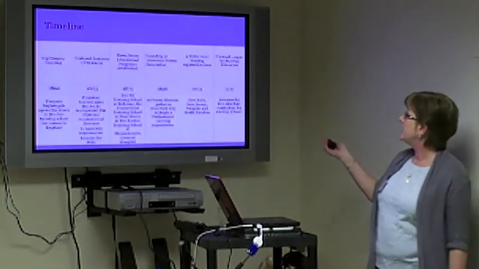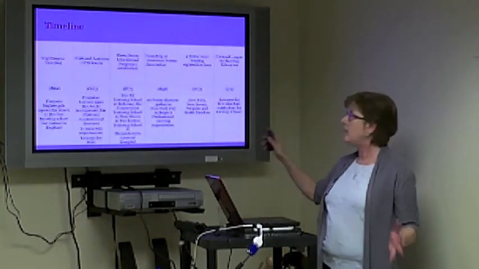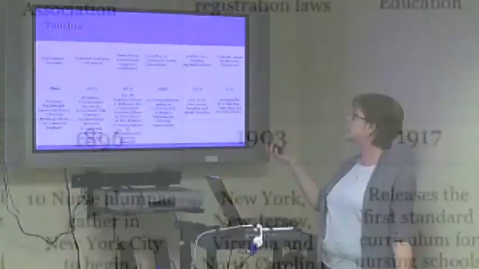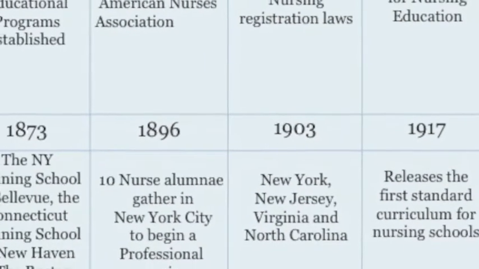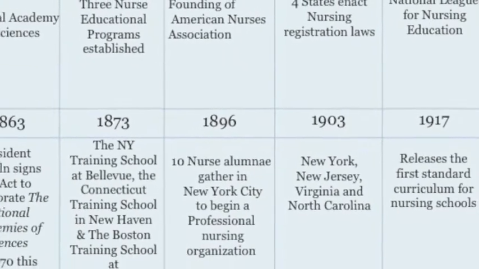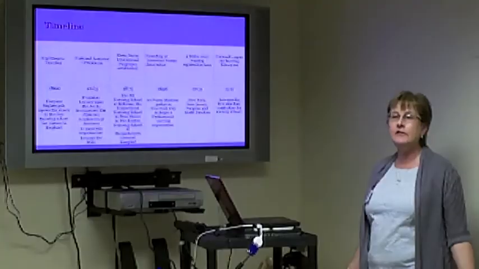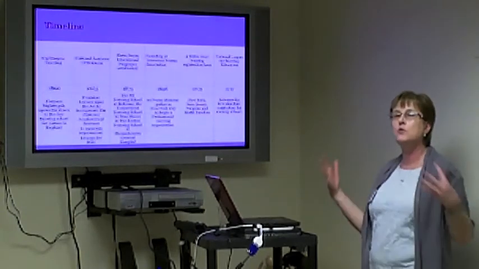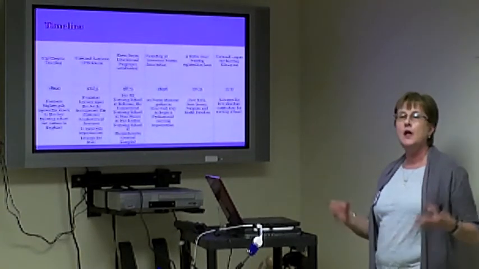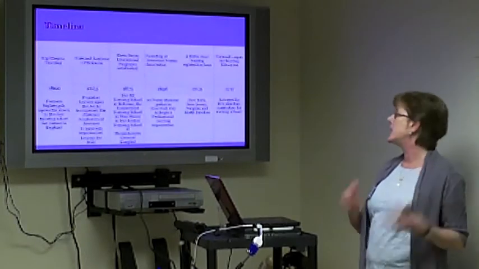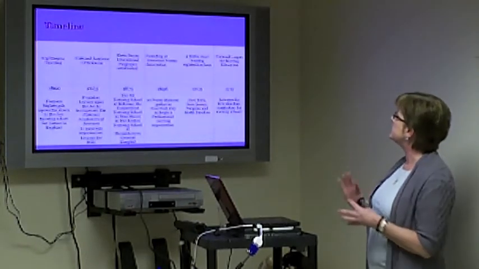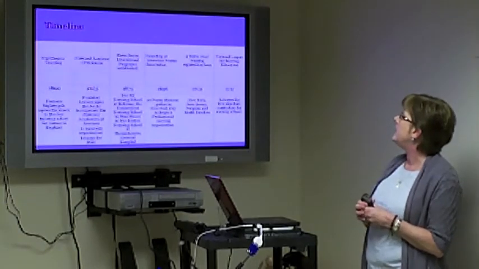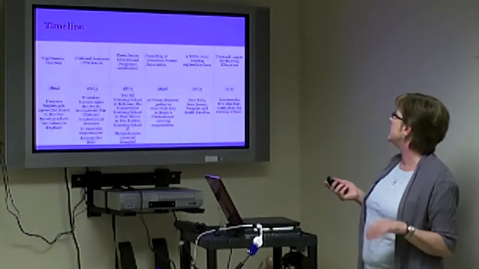There was no type of laws about how nursing would be regulated. So beginning in the early 1900s, and New York was a leader in this area, you had states who now said we have to have some type of registration laws. So things were not standardized, but they kept moving in that direction in terms of education and licensure, but it still takes a lot longer for things to keep coming together and be standardized across the country.